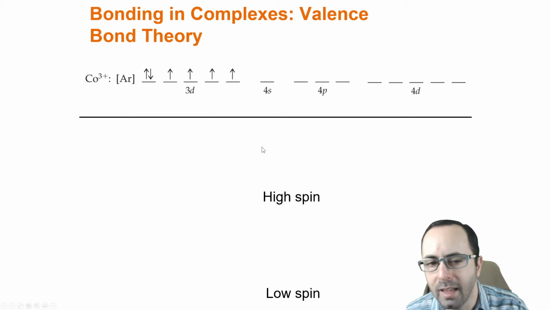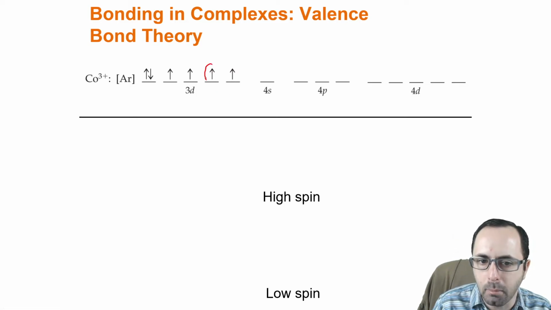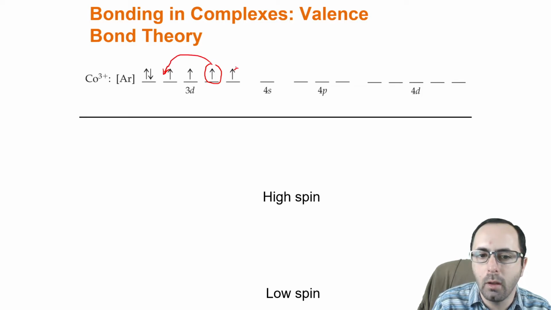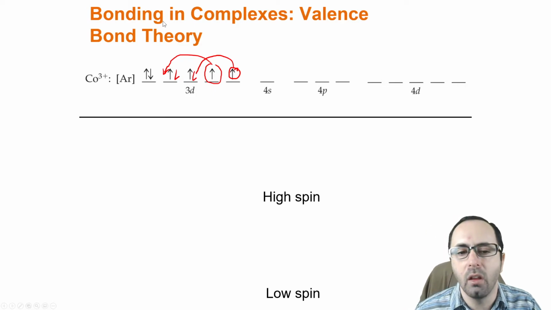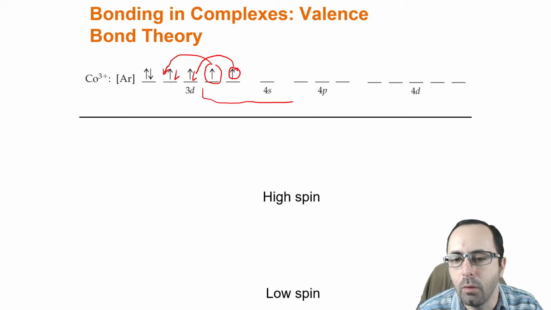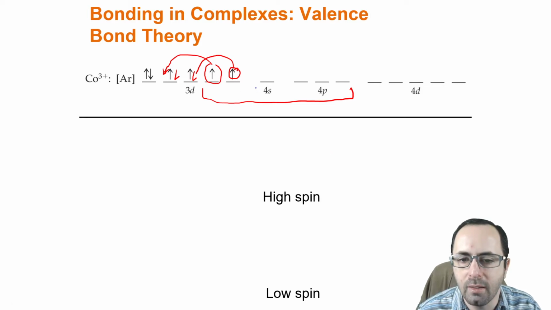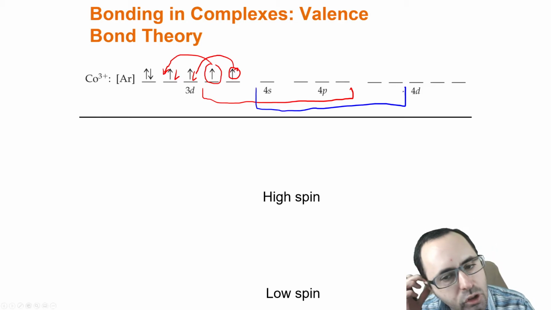So at this point, it's possible, it may or may not happen, but it could happen that this electron goes and pairs up with this one, and this electron goes and pairs up with this one. Okay, and then we end up with 2 empty d orbitals. So we could end up with d2sp3 hybridization, or the other option is sp3d2 hybridization with the higher energy d orbitals.